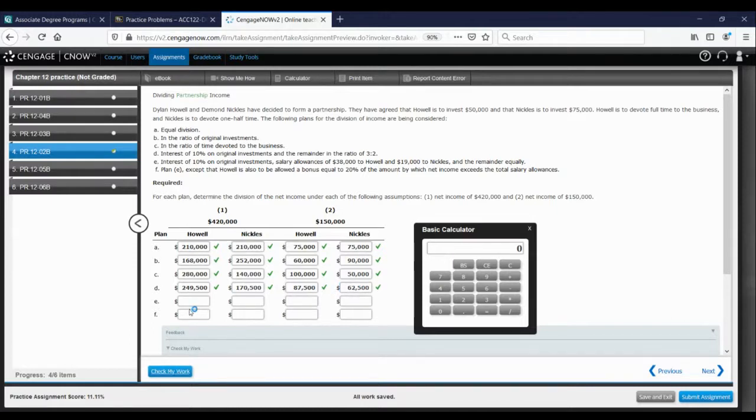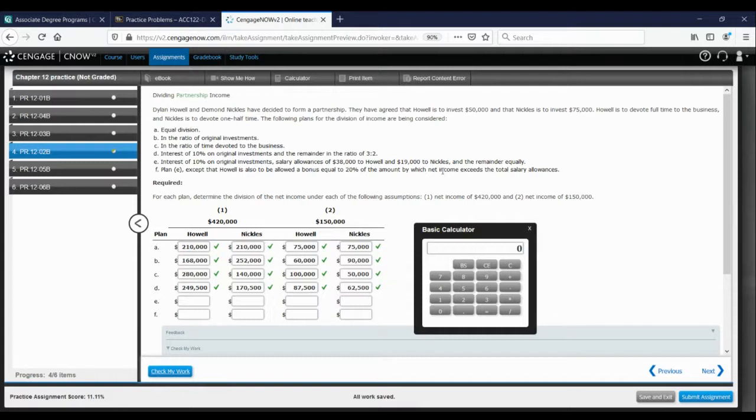Now we're ready to look at Part E. And remember, we're doing each one of these parts separately. They're as if they're their own separate problems. In Part E, we want to look at the interest of 10% on the original investments plus salary allowances of 38,000 to Hal and 19,000 to Nichols.